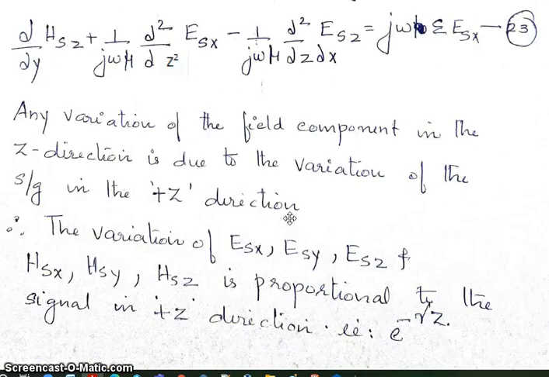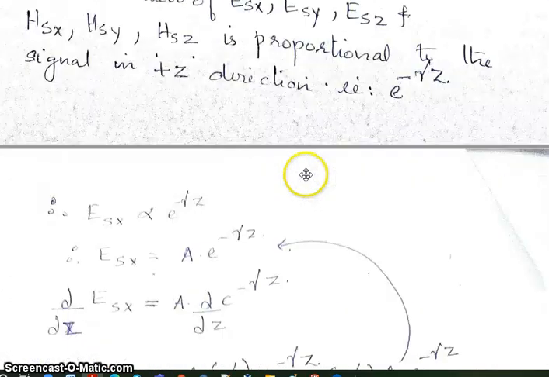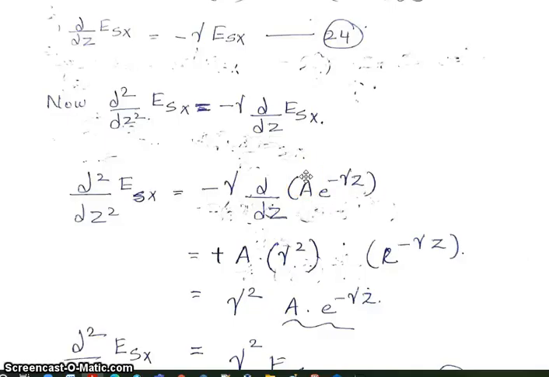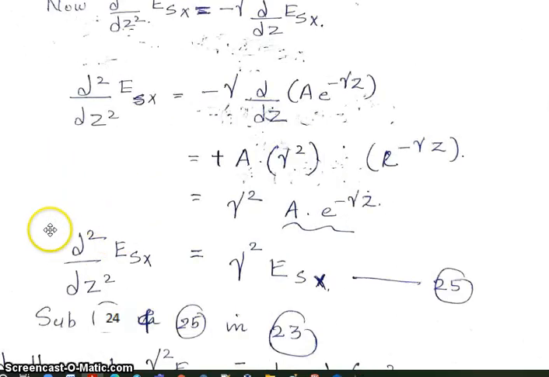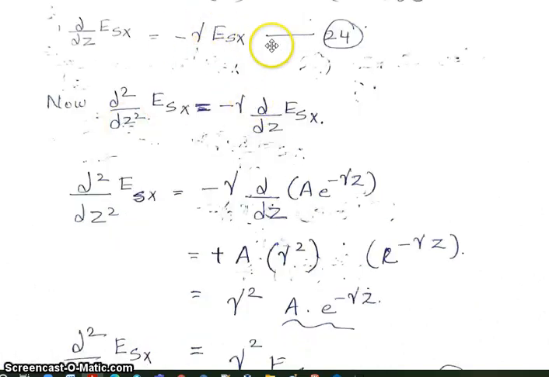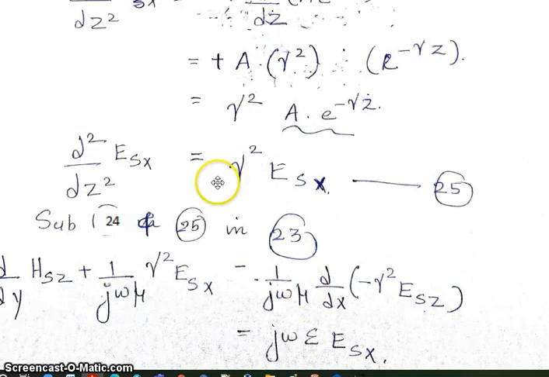This is my equation 23. In equation 23 we have two terms. One term is ∂/∂z of Esx, another term is ∂²/∂z² Esx. Instead of those two terms we will substitute minus gamma Esx and gamma square Esx.